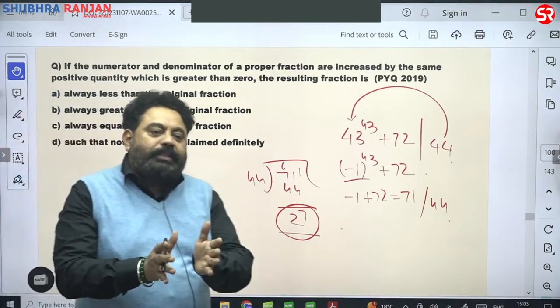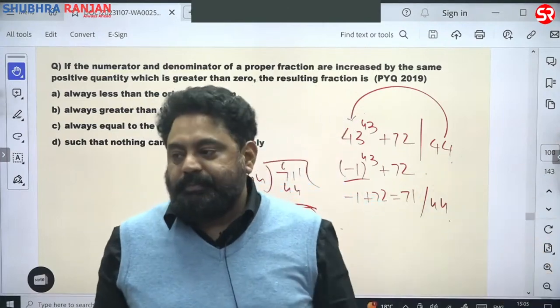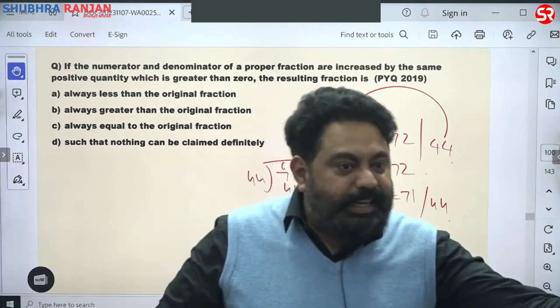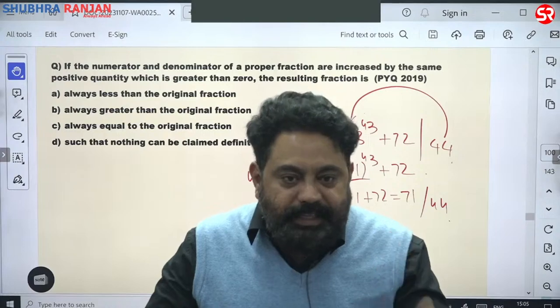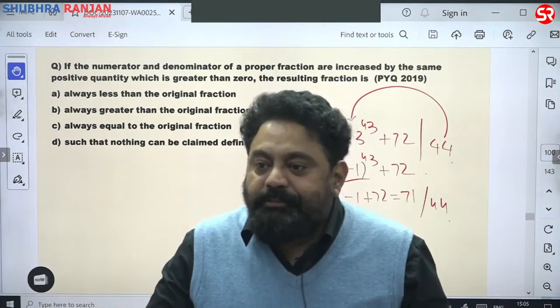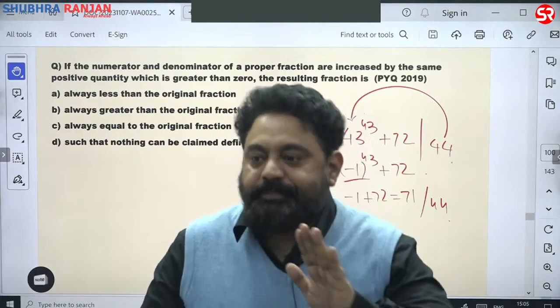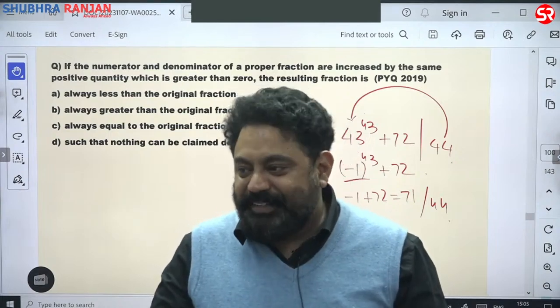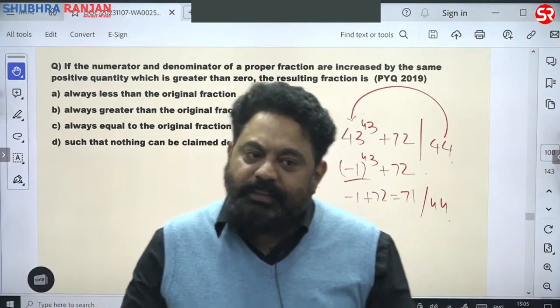You should remember one thing: if you are dividing by 44, your answer has to be less than 44. If you are dividing by 11, your answer has to be less than 11. If you get 14 when dividing by 11, your answer is 3, because 14 divided by 11, remainder is 3. Got it? That is very simple. So any number can be adjusted. Clear?